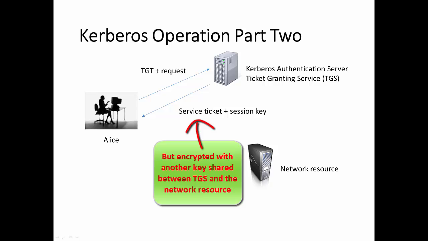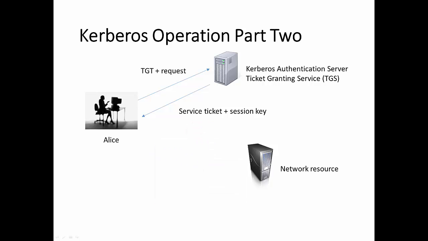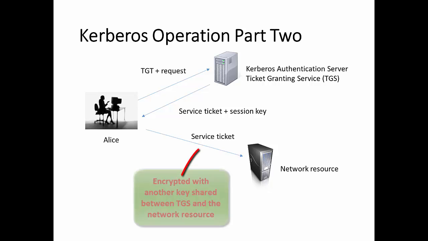Now the next step is, since Alice has her service ticket, she can send it to the network resource she wants to use. She's sending her service ticket to the network resource, and the service ticket itself is again encrypted by, in this case, a secret key shared between the ticket granting service and the network resource.